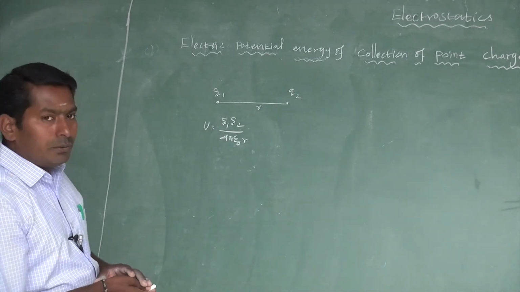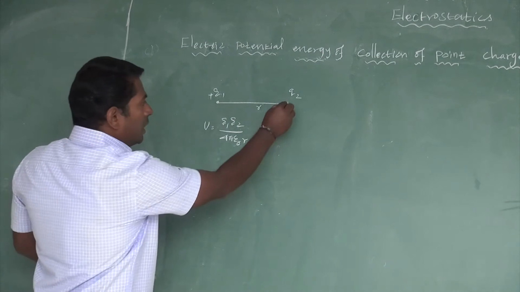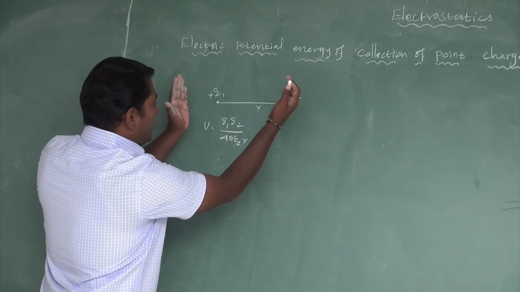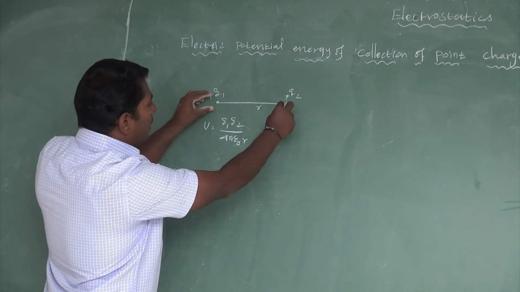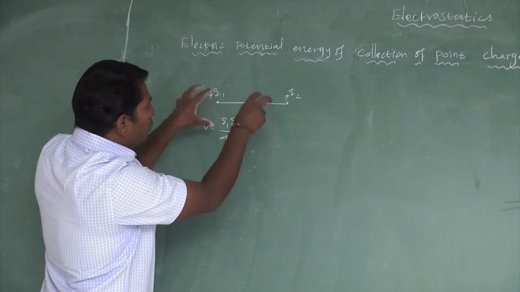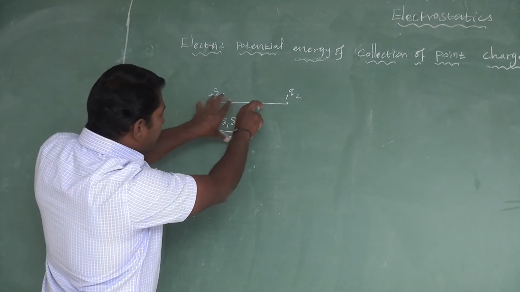From the point of view of this example, the Q1 point charge is a positive point charge and the Q2 point charge is a positive point charge. To assemble them at a distance r, work has to be done, because both positive point charges produce an electric field around them. Both fields interact and experience a repulsive force.